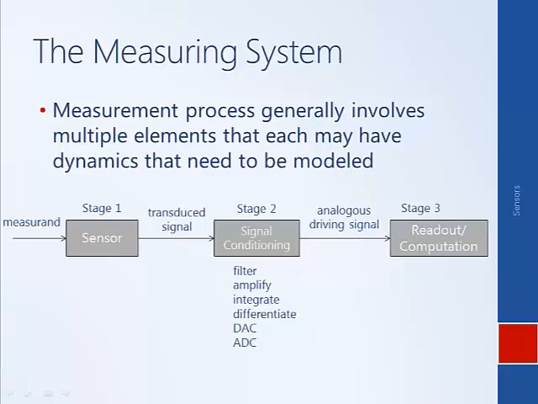And each of these operations may have dynamics to them, and they may introduce error that we need to understand. And then finally, this signal is used to drive an output, a gauge or some sort of electronic display, or even to generate a sound from a speaker, or it's read into a computer where the computer then may do some calculation or computation based on it.